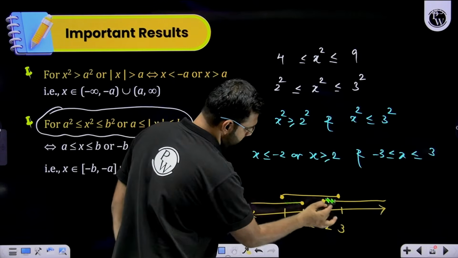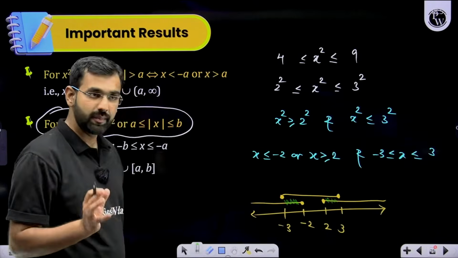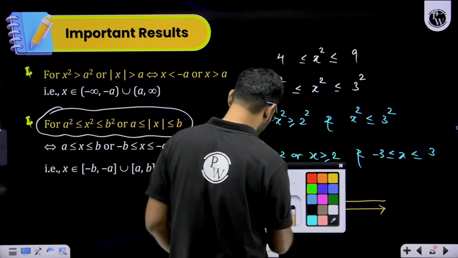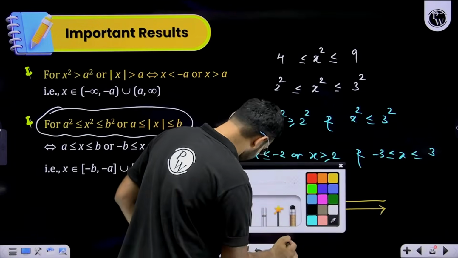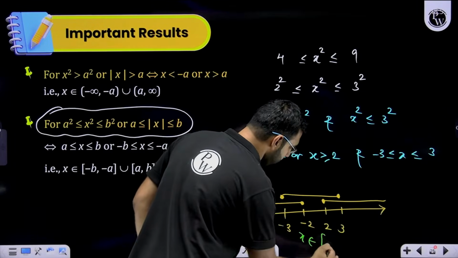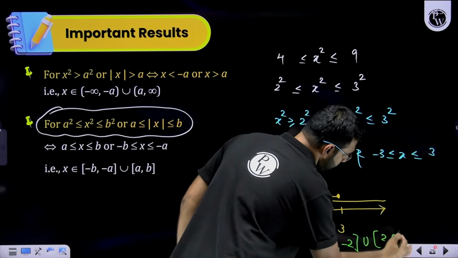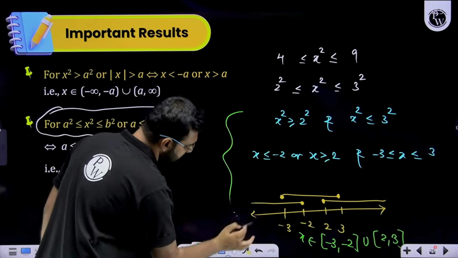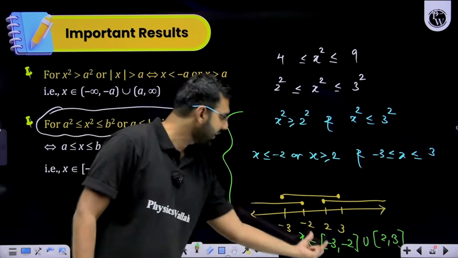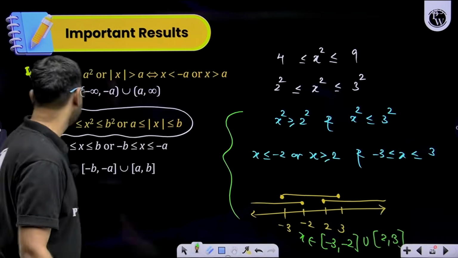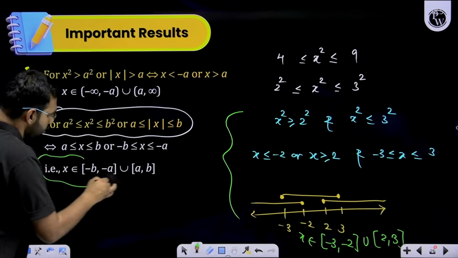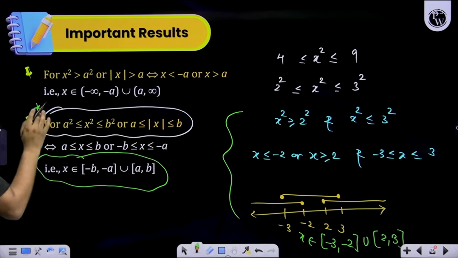This portion is common to both of them, which means my final answer will be nothing but this only, that x lies between minus 3 to minus 2 or 2 to 3. Now, you do not derive this conclusion with these steps every time. You can directly write this from here. That's exactly what we have mentioned over here through this identity, through this inequality.